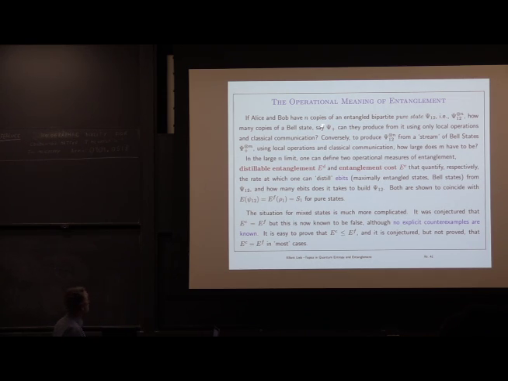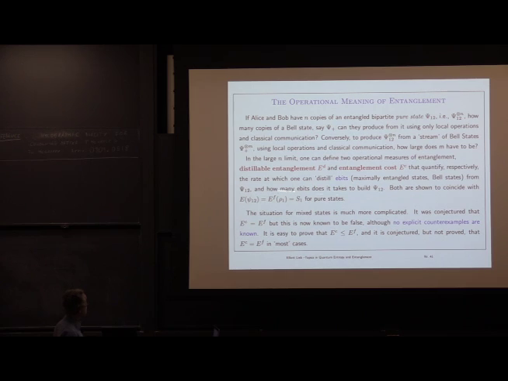Now, in the large n limit, one can define two operational measures of entanglement: distillable entanglement, called ED, and entanglement cost EC, that quantify respectively the rate at which one can distill E bits or Bell states from psi 1 2 to the given psi, and how many E bits it takes to build psi 1 2.